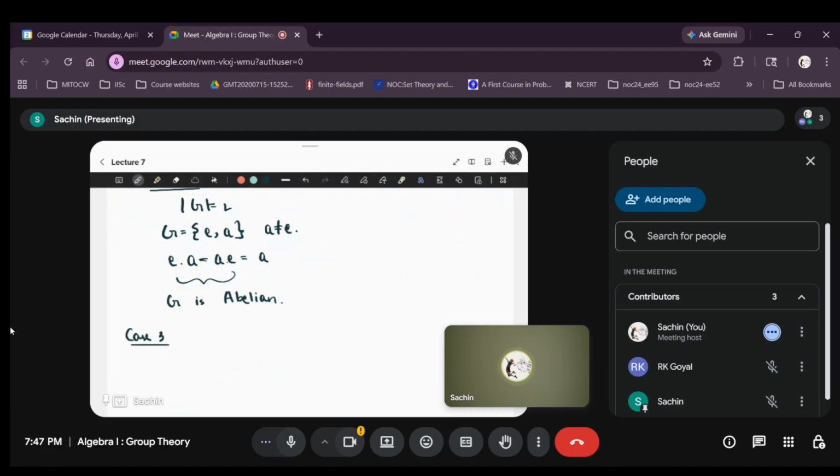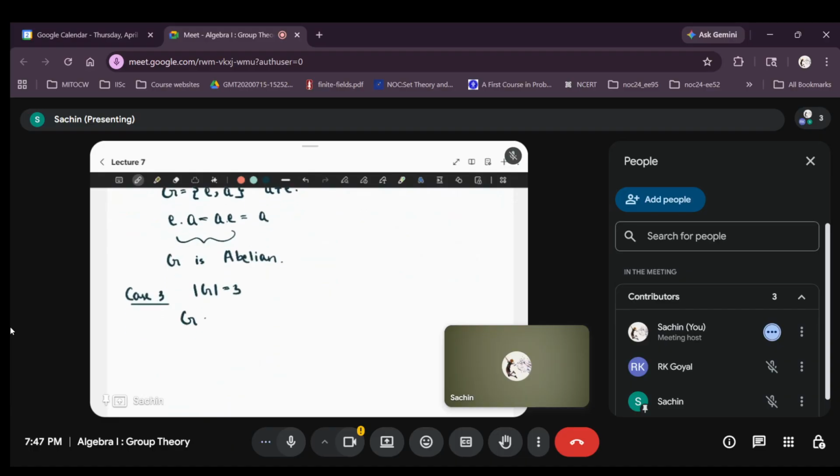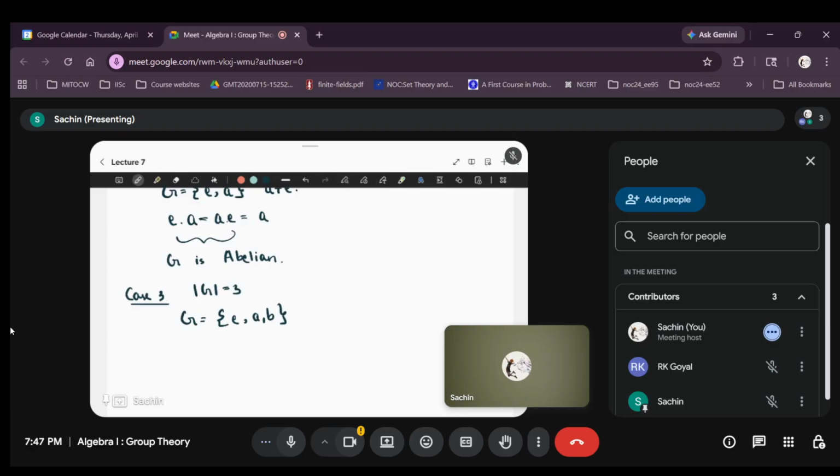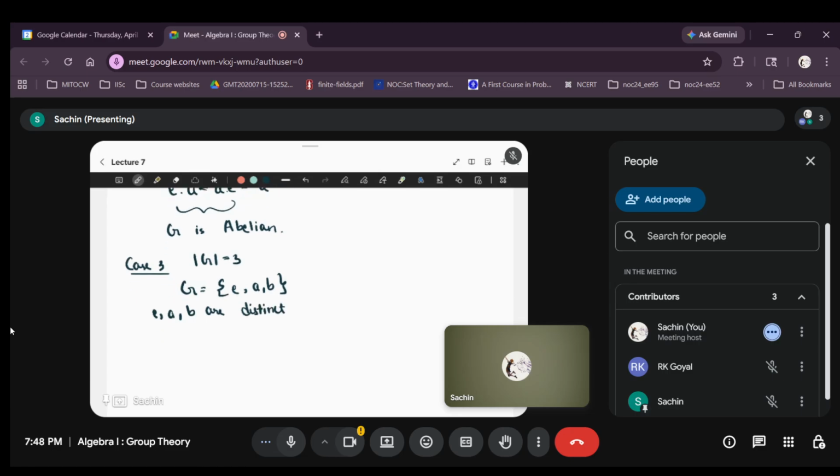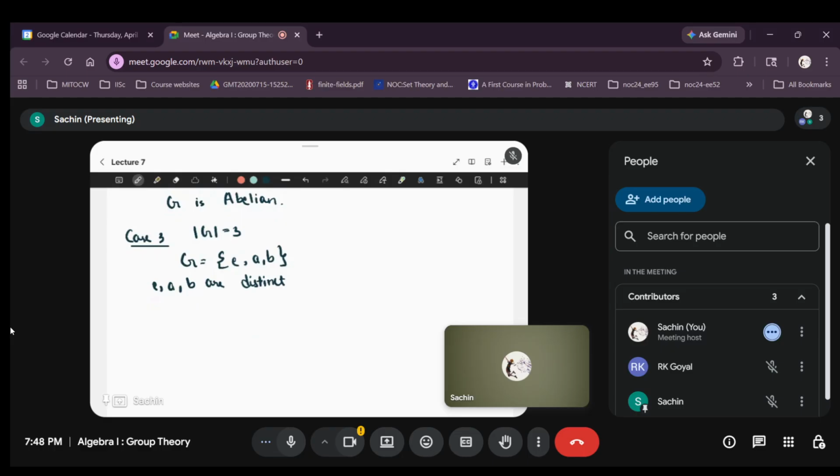Case 3, and we have E, let's say A, B, all distinct. Then we have A equal to EA simply by definition.